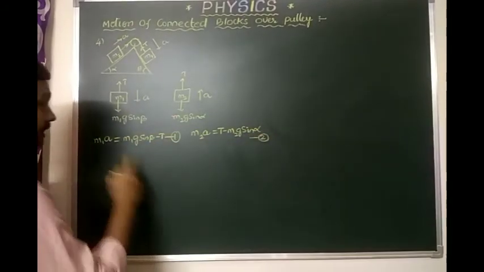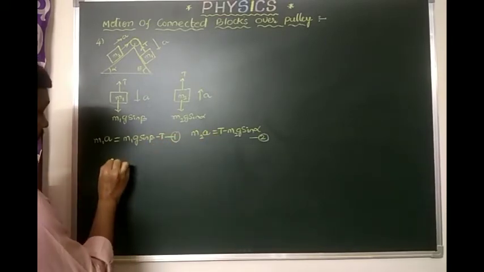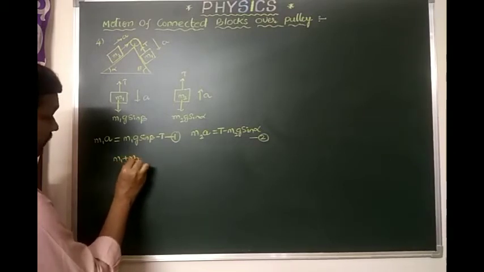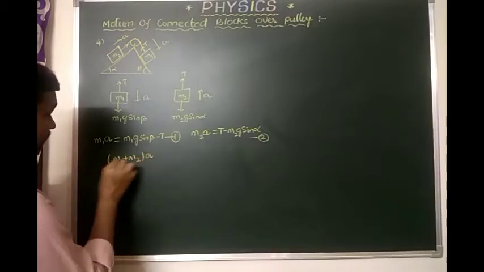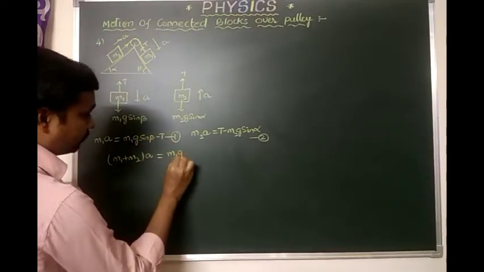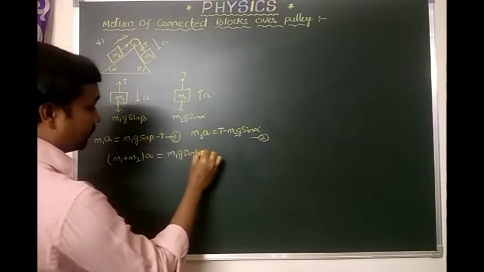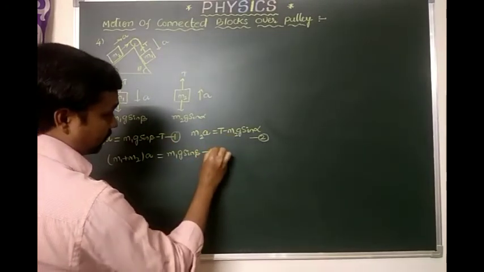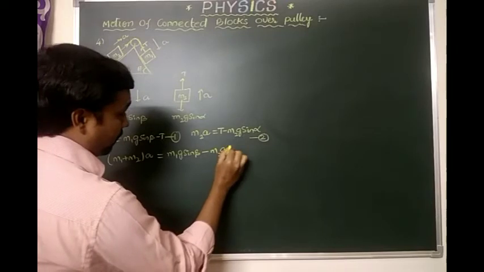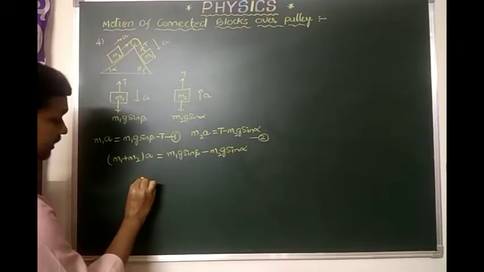Combining it together, we can add, so that the tension gets cancelled. So by adding, m1 plus m2 into a is equal to m1g sin beta, tension gets cancelled, minus m2g sin alpha. So we can write an acceleration formula.